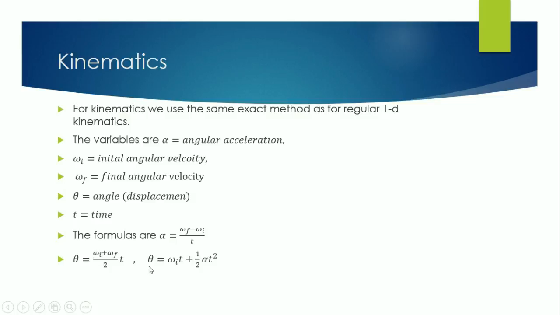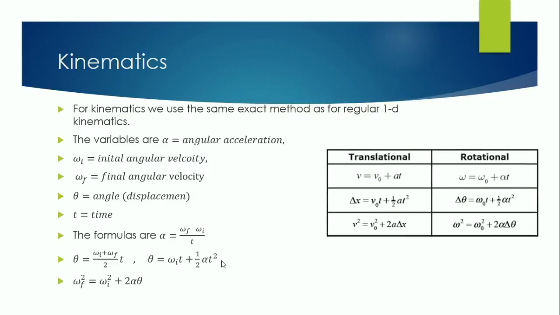And then the angle of displacement, this is Galileo's formula, equals initial angular velocity times time, plus 1/2 angular acceleration times time squared. And then the last one is the energy formula, which looks very similar to the kinematics one, which is final angular velocity squared equals initial angular velocity squared plus 2 times angular acceleration times the displacement.